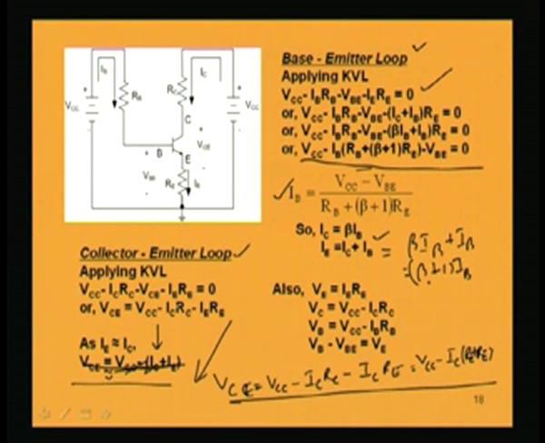That means I am taking this IE to be equal to IC. With this approximation, I get a simpler expression than this, but the exact equation is this one; only simplification a step further gives you this equation.